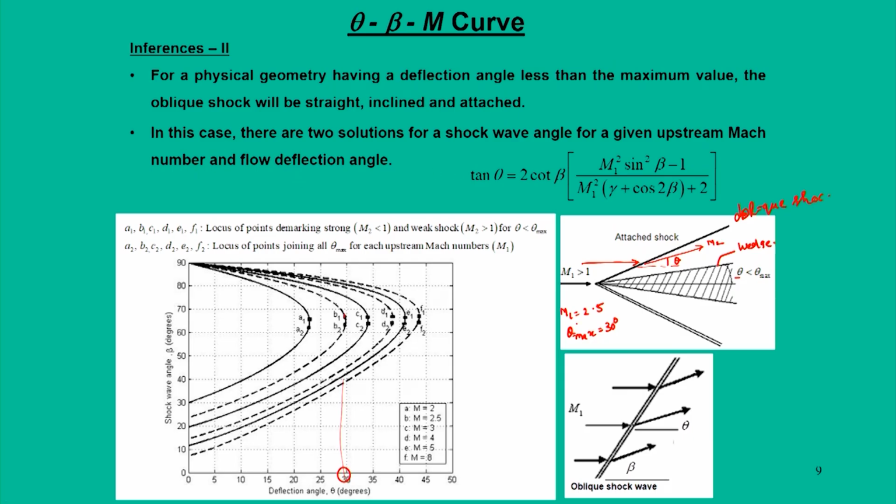Let us say we have M1 equal to 2.5 and theta max is this, but if your actual angle theta is, let us say, 20 degrees, then for a Mach number of 2.5, that is curve B, with theta equal to 20 degrees, we have 2 points where this line touches the Mach 2.5 curve.